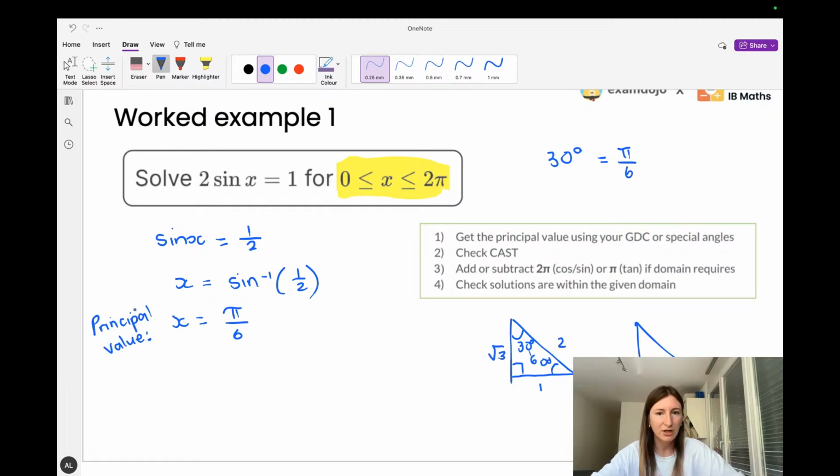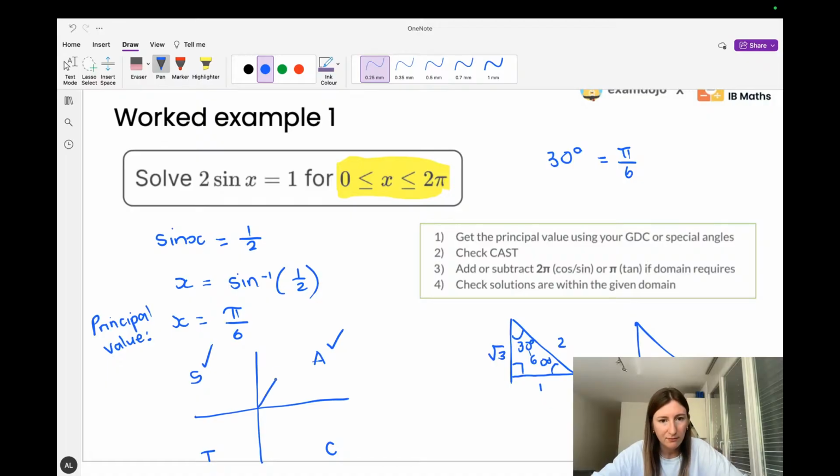Okay, now we check cos. Let's see. We want to see where it is positive, because here our answer is positive. So sine is positive over here and over here. So we're going to have this angle over here, that's pi over 6. And we're going to have this angle over here, also pi over 6.